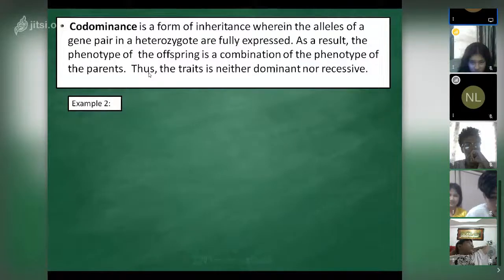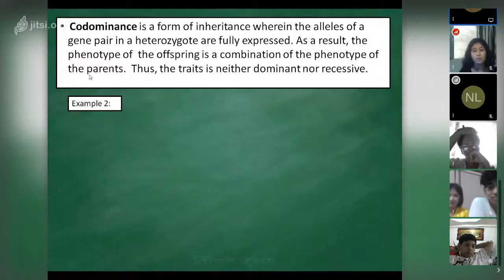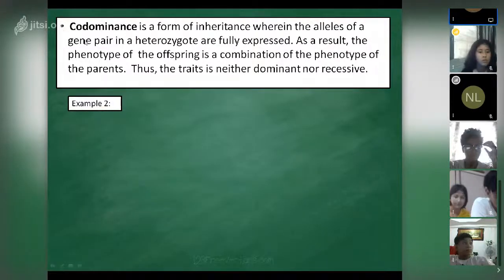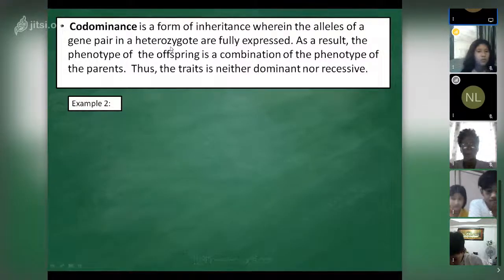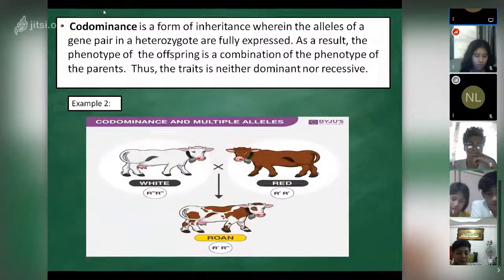Okay. Thank you. Again, codominance, class, is when the alleles of a gene pair in a heterozygote from both parents are fully expressed.